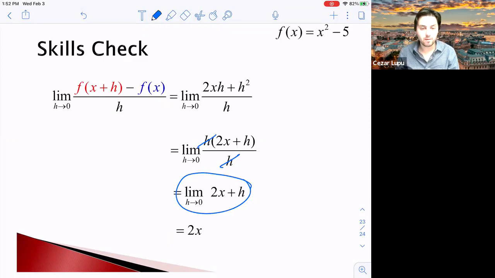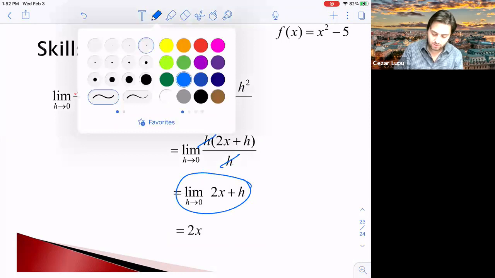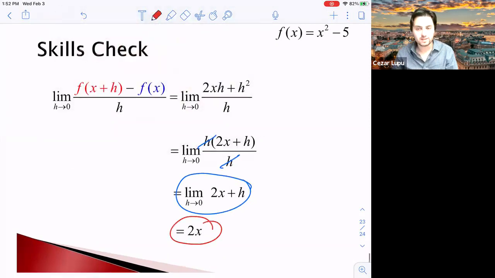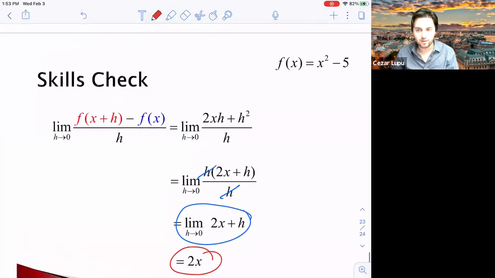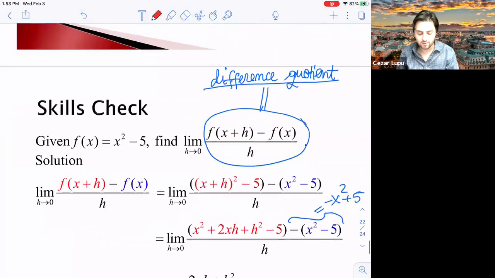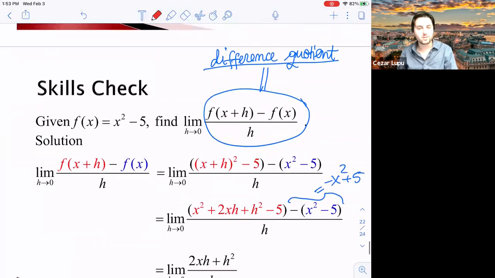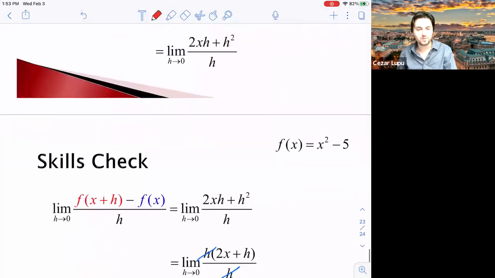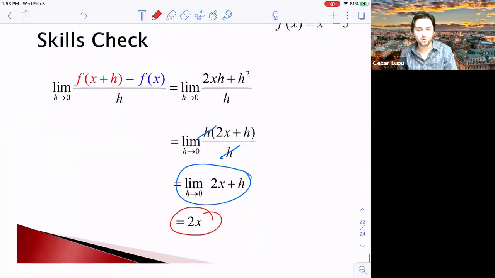And now I can plug in h equals 0, and I'll get the final result, which is 2x. So the moral of the story of this example, well, I went a little bit faster, is that the derivative of x squared minus 5 is nothing else than 2x. And that's the procedure you go through.